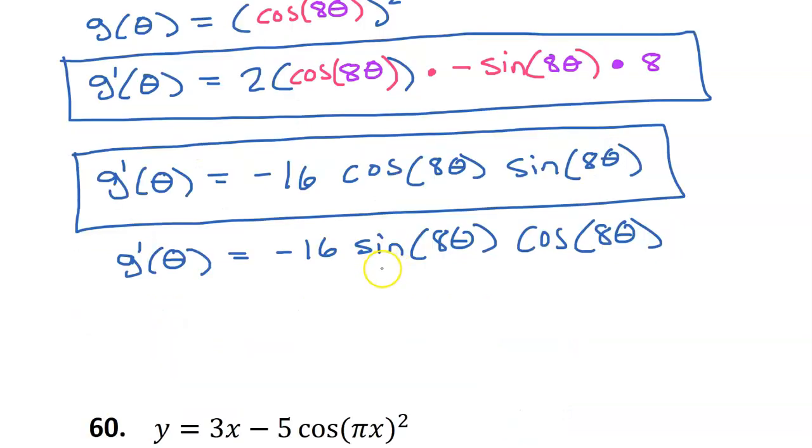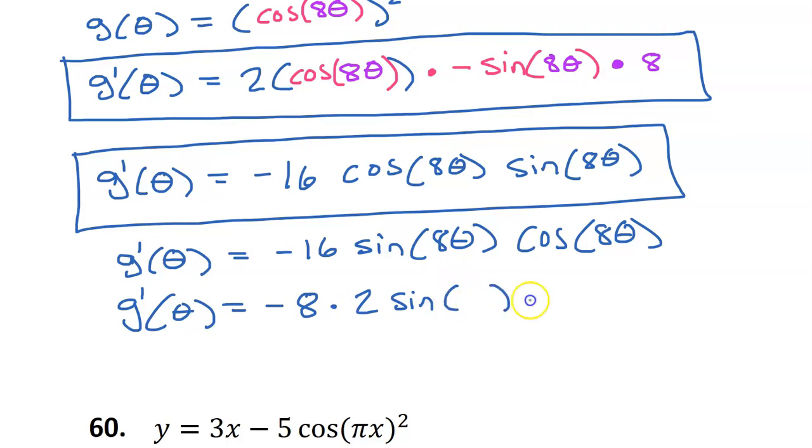I see the sine cosine, and I could easily rewrite this as 2 sine cosine. So I'm going to do that real quick. So I could write this as g prime is equal to negative 8 times 2 sine cosine.